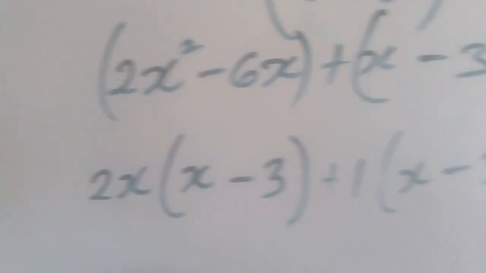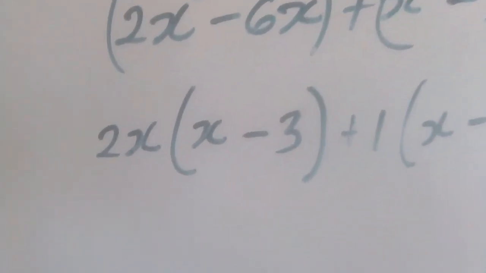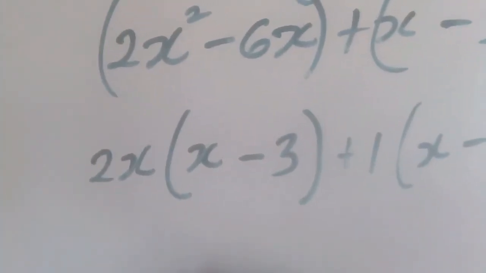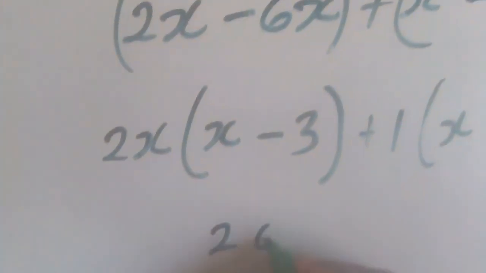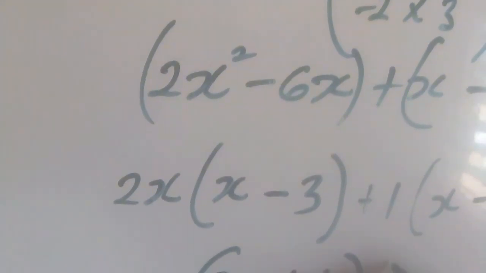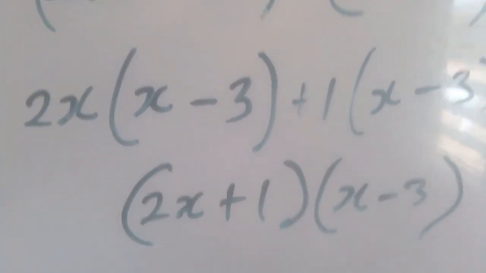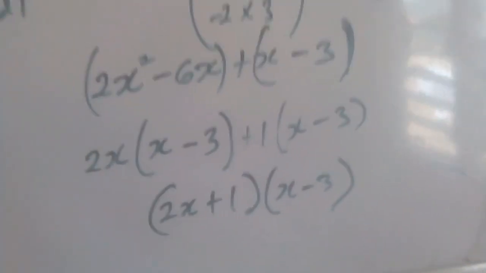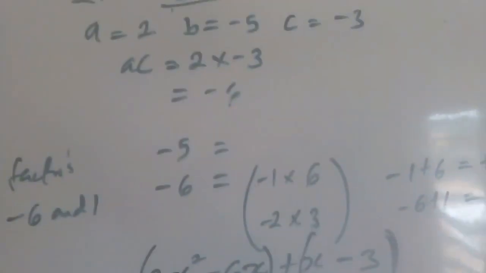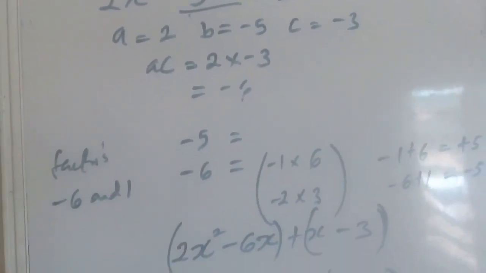Once you bring the two terms out, outside the bracket, you group them together in a single bracket. We have 2x plus 1 and we have x minus 3. So this is the complete factorization for this expression, 2x squared minus 5x minus 3.